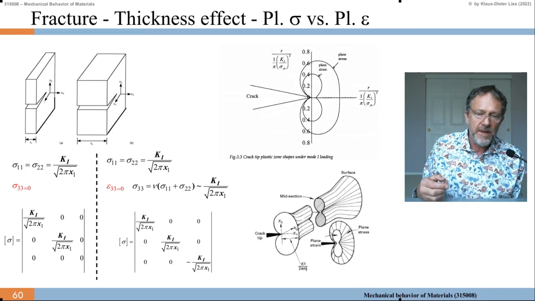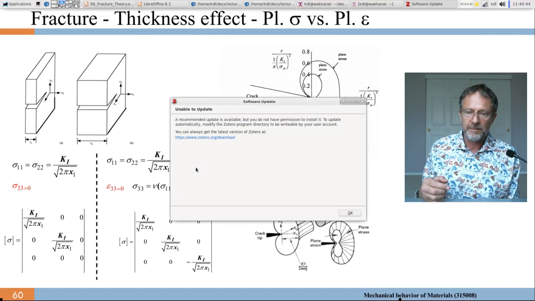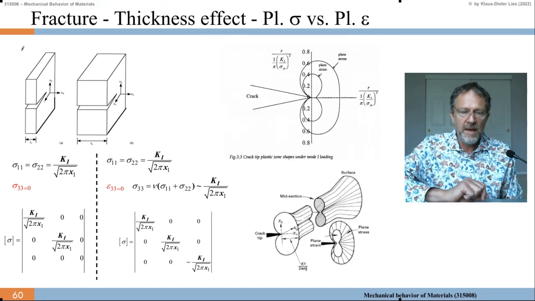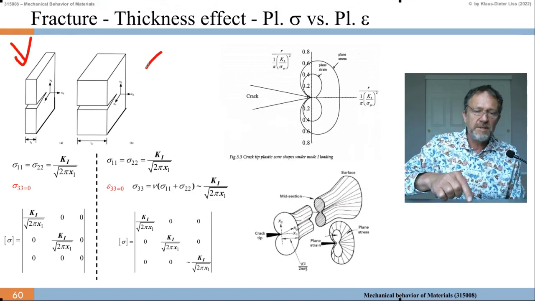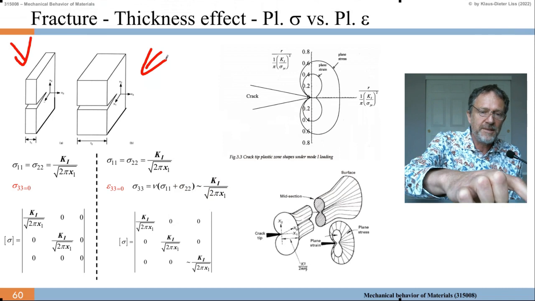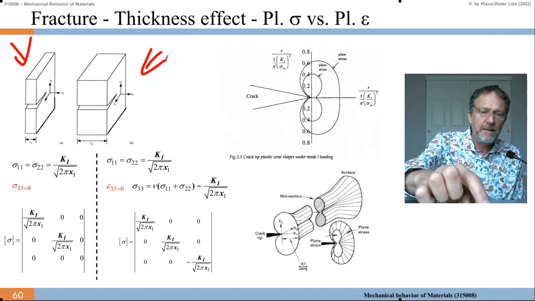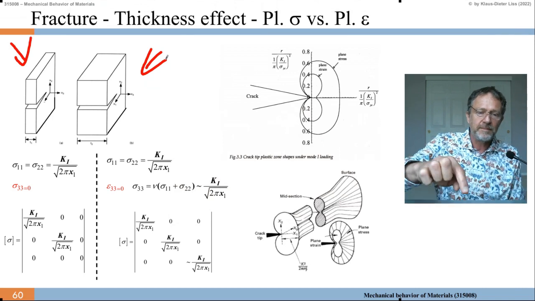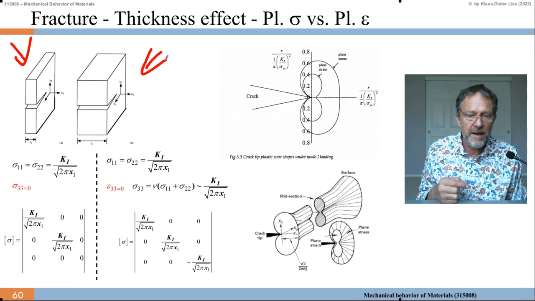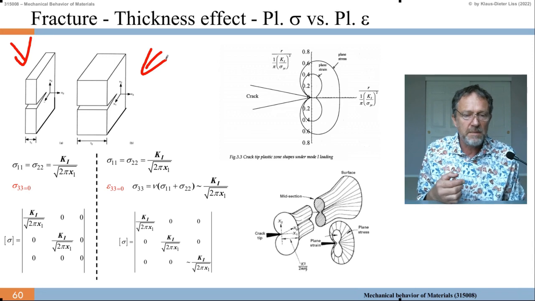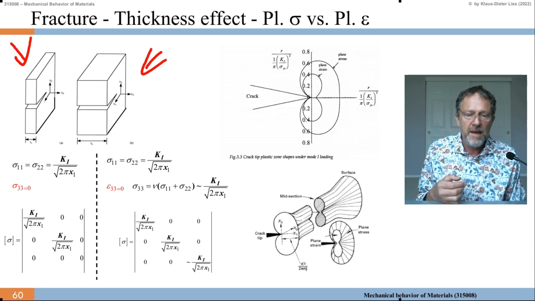So what does it mean for the two situations, plane stress and plane strain? In both situations we have sigma 11 equals sigma 22 equals K1 divided by 2 pi x1.